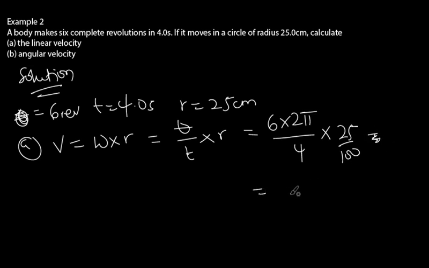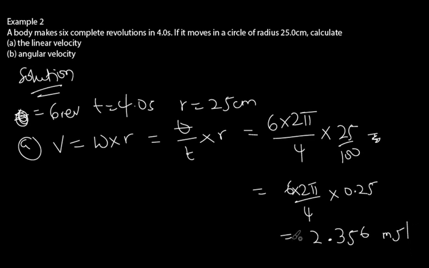So we have 6 times 2 pi divided by 4 times 0.25, and the linear velocity in this case is equal to 2.356 meters per second.